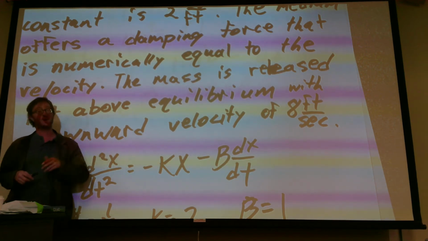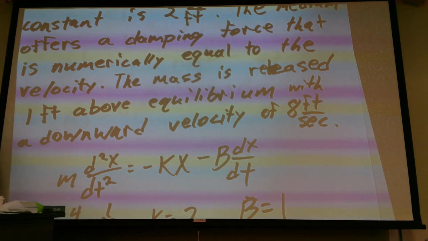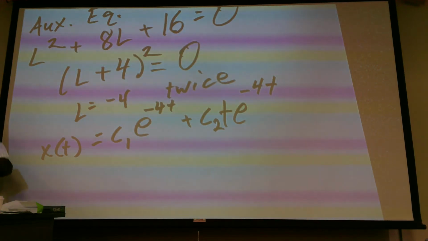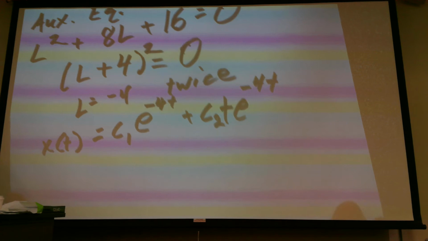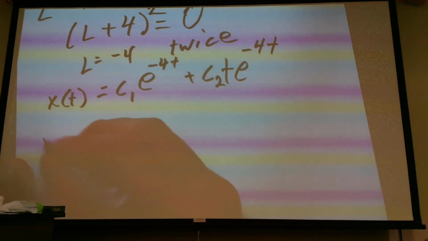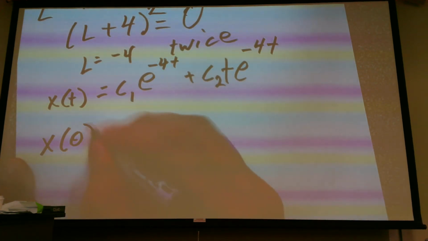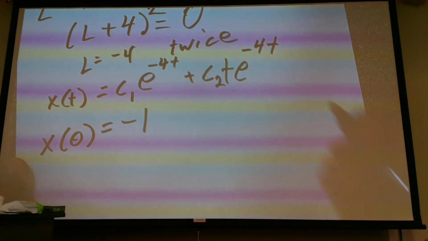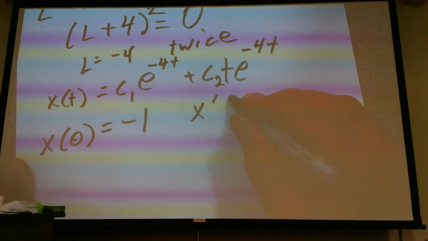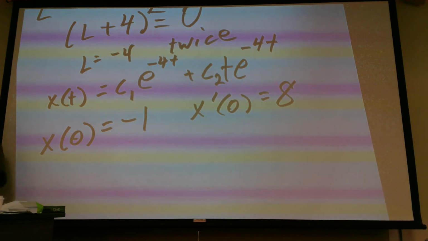So that's going to be a positive 8. So x of 0 is going to equal -1, and x prime of 0 is going to equal 8.